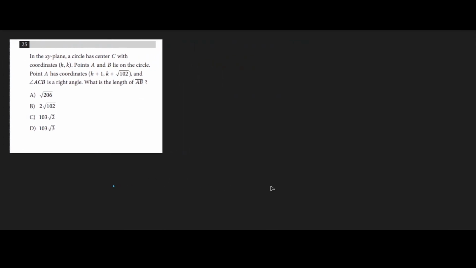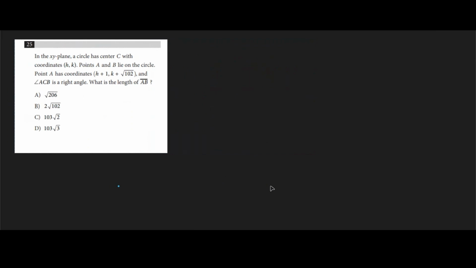For these types of geometrical problems, it's usually very helpful to draw it all out. So I'm going to move over to this side and let's draw out what we know.